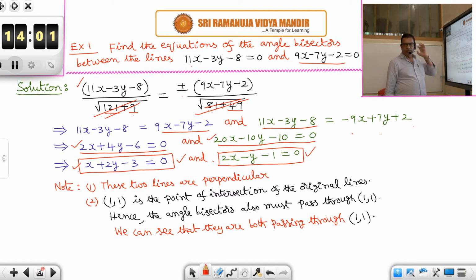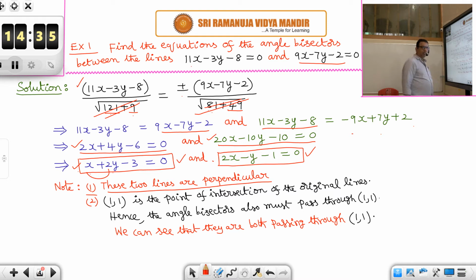One of them will be the acute angle bisector, the other one will be the obtuse angle bisector. But here note first point, are these two lines perpendicular or not? What we said earlier is the angular bisectors will always be perpendicular. Are they perpendicular? First line is in the form ax plus by, second line is in the form bx minus ay. 2 and 1 coefficients have been interchanged and one of them has changed sign also.